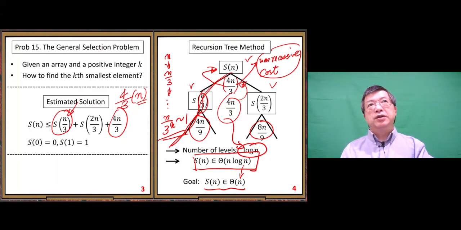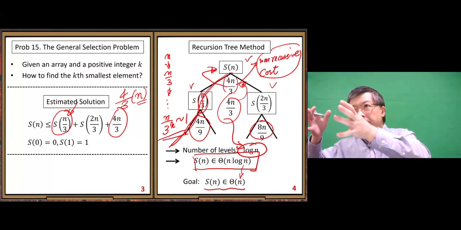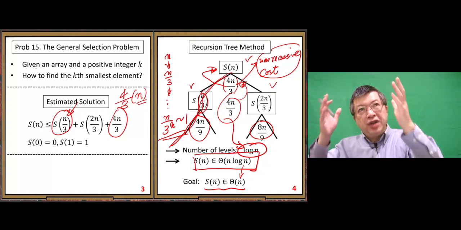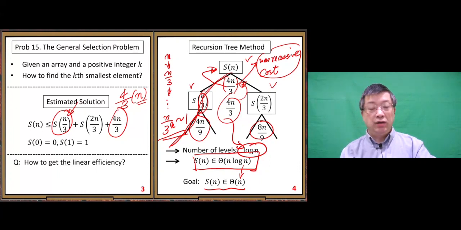Our solution in this way couldn't give the desired result. So we need to think about how to get the desired result. We haven't finished the solution, and we need to continue to work on it.